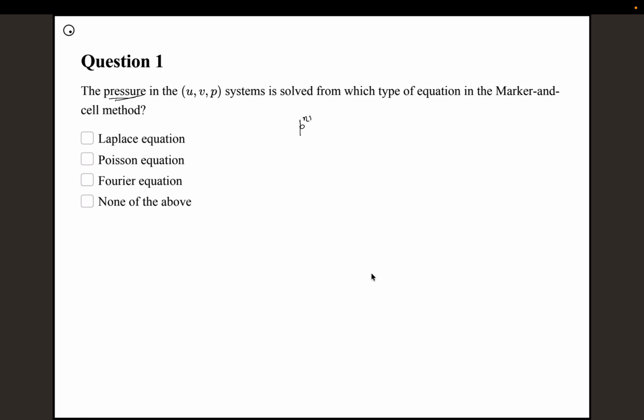We are essentially calculating P n plus 1 as P plus P prime, and in order to get P prime, we are solving an equation of this sort, where this U tilde is my provisional, or predicted, velocity. From this we are calculating P prime, so essentially what we are solving is this equation. This is the Poisson equation.